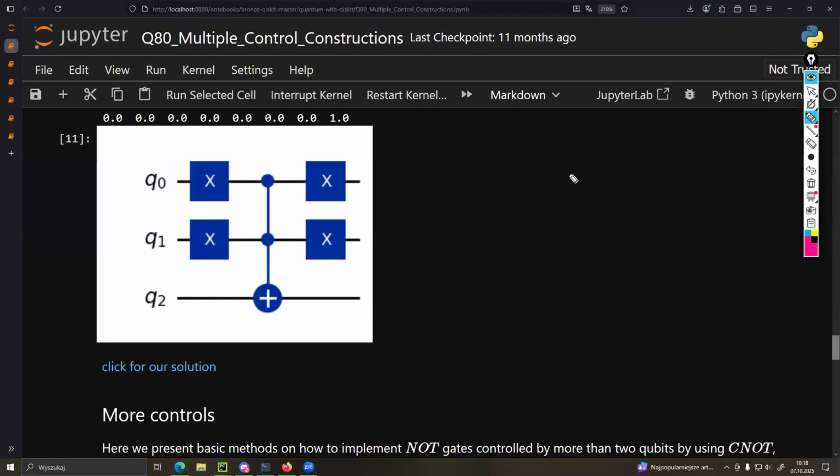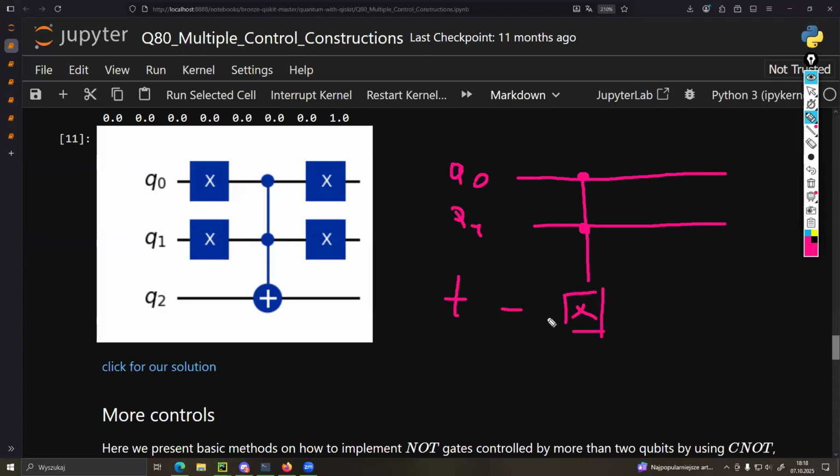Another thing that I wanted to clarify is this. I have shown you that your quantum register would be here, exactly like this. So Q0, Q1, and I start some calculation. This is my target, so I will openly state it as a T, and I apply X here conditionally.